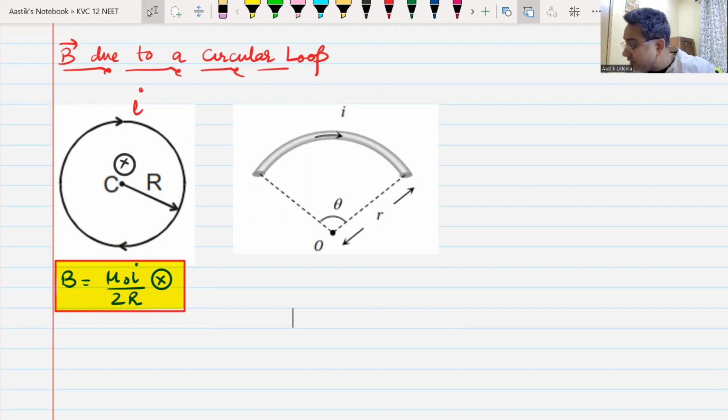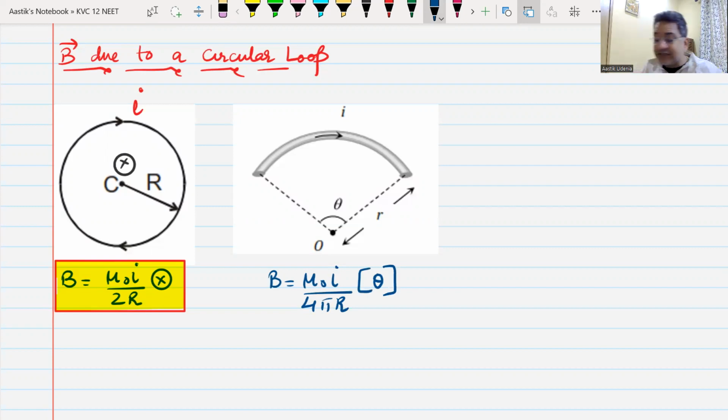The magnetic field due to this arc, B, will be equal to mu naught I by 4 pi r multiplied by the angle theta. Now remember, this angle theta has to be in radians, not in degrees.